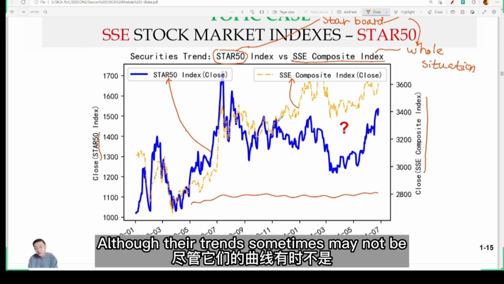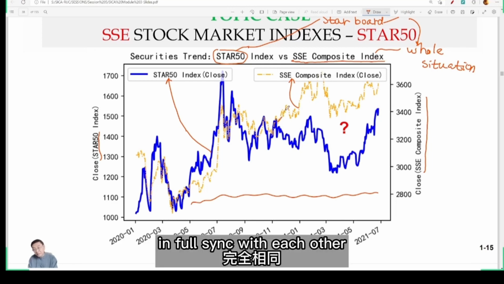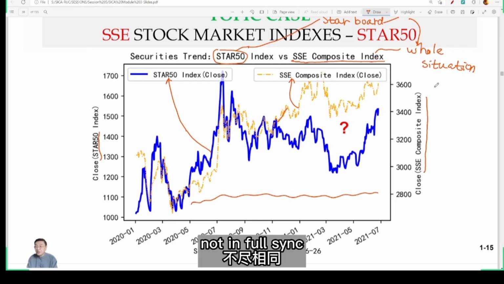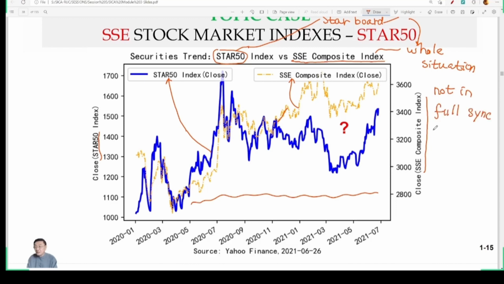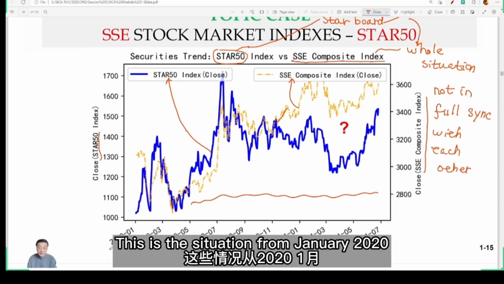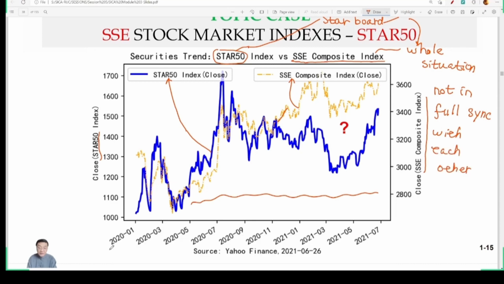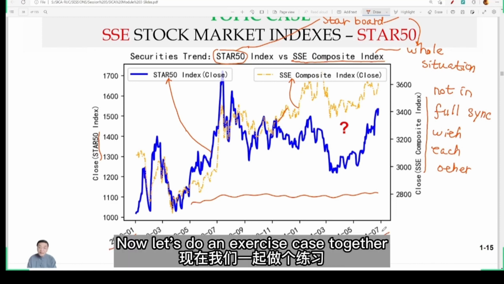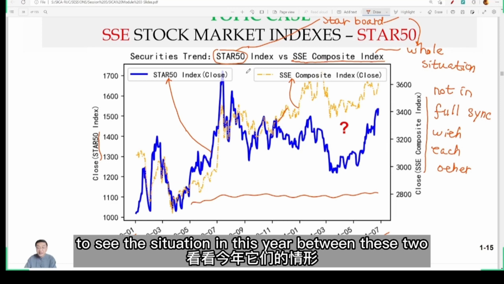Although their trends sometimes may not be in full sync with each other, in general, they have similar trends. This is the situation from January 2020 to July 2021. Now, let's do an exercise together to see the situation in this year between these two.